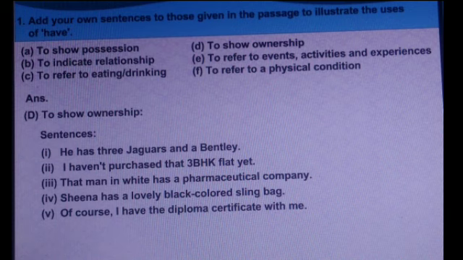Number 3, that man in white has a pharmaceutical company. Number 4, Sheena has a lovely black colored sling bag. Number 5, of course, I have the diploma certificate with me. As I have already told you students, have is used in different sentences in order to show ownership of something.